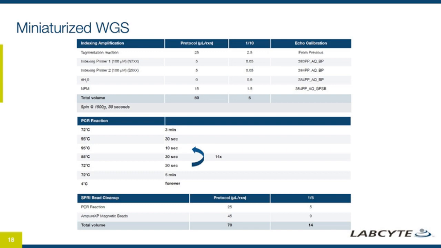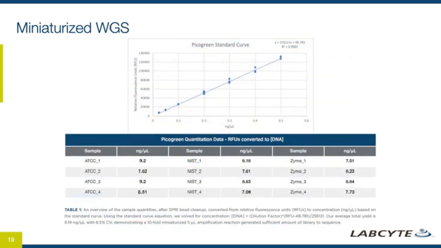So after this was done, we did a PicoGreen quantitation of these samples. You'll see at the top, the standard curve was generated using the Echo. For that, I used the standard lambda DNA and only had to provide 1 concentration of that, and the Echo was able to precisely dispense the amount of DNA necessary for each of these standard points.